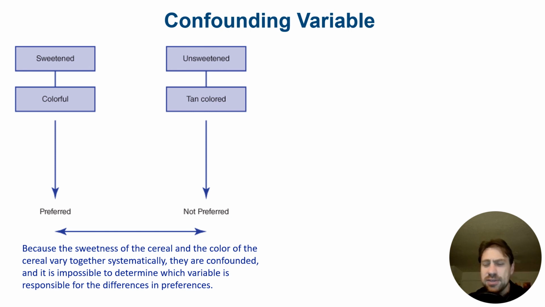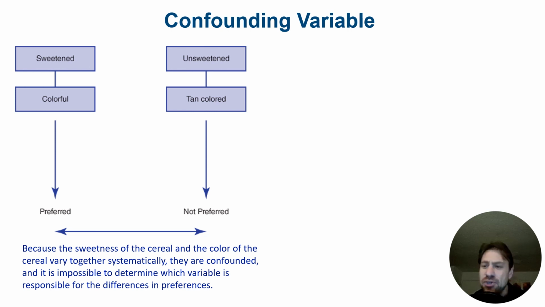So throughout the past few chapters, we've examined several examples of potential confounds in various hypothetical studies. But let's look at another example here. So in this study that's being plotted, suppose the researcher wants to know whether kids prefer sweetened or unsweetened cereal. And suppose you discover that kids ate more of the sweetened cereal than the unsweetened cereal, which indicates a preference for sweetened over unsweetened.